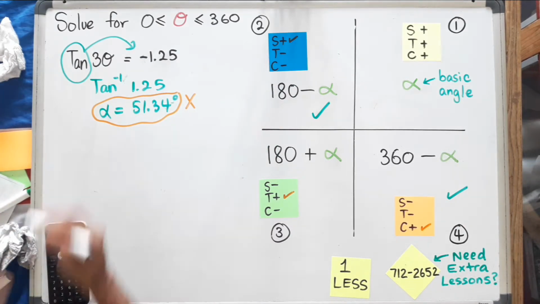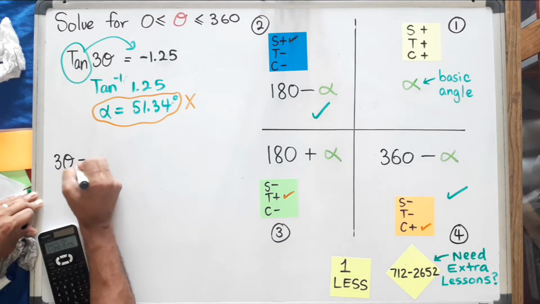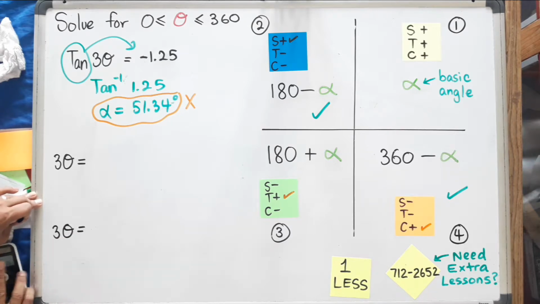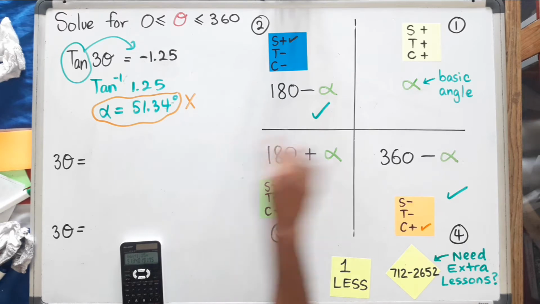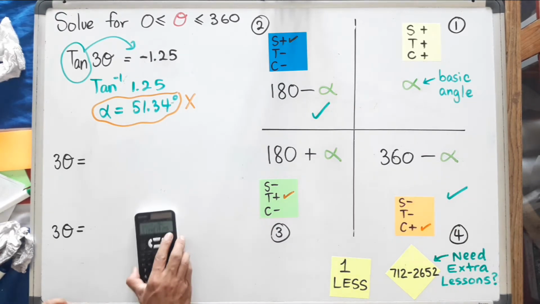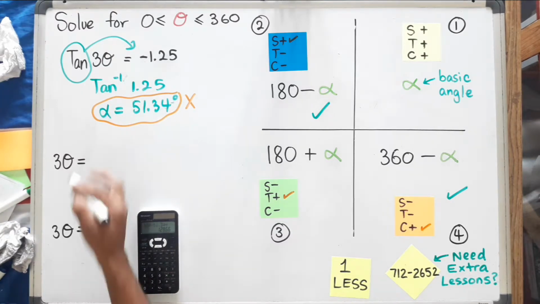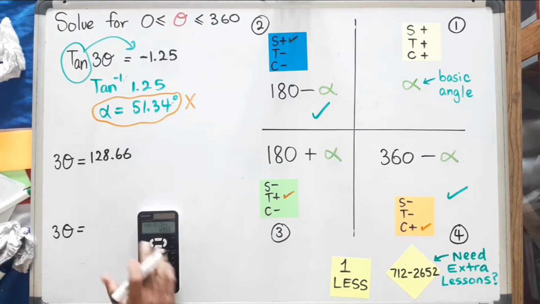So, remember, everything we're about to get is equal to 3 theta. So we're going to get 2 sets of answers here. 3 theta is equal to 180 minus this. We have to apply this formula and this formula. So 180 minus 51.34 is equal to 128.66 degrees, obviously.